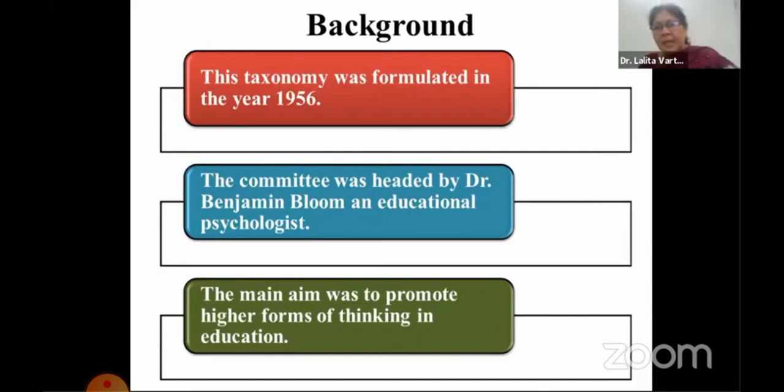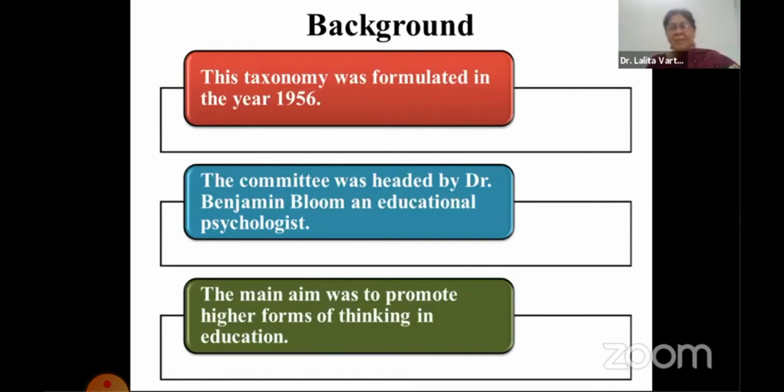This particular taxonomy was formulated in the year 1956, and the basic idea was to think about the higher order thinking skills of the students. This committee was headed by Dr. Benjamin Bloom, who was an educational psychologist.